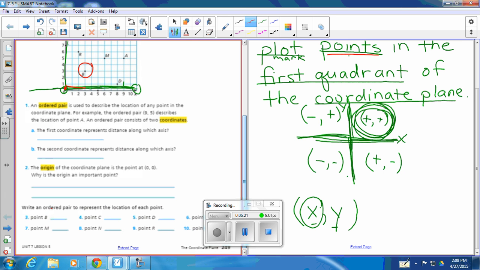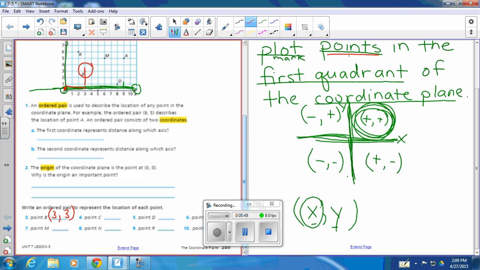To 3. So our first coordinate is going to be 3. Then we do our y-coordinate. How far up do we go from there? 3. So we have a comma with a 3. So the ordered pair for point B is (3, 3). Now for that one, does it matter which order it's in? Yes, it does, but since it's the same number, it's hard to tell which one's x and which one's y.